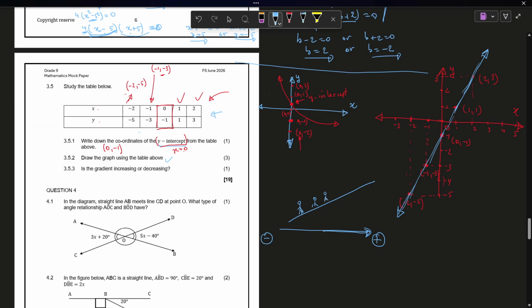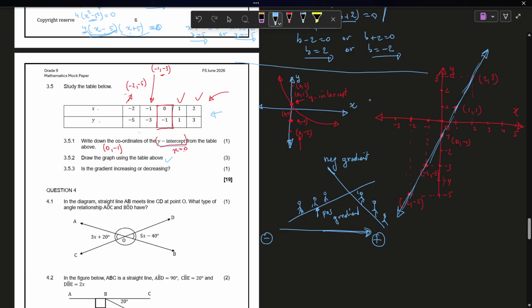Whenever you climb, it means the gradient is positive. Whenever you descend, if you see a line that is going this way, because we are moving toward the positive direction, if you move this way, you are descending. So this line here has a negative gradient. But this line here is a positive gradient.